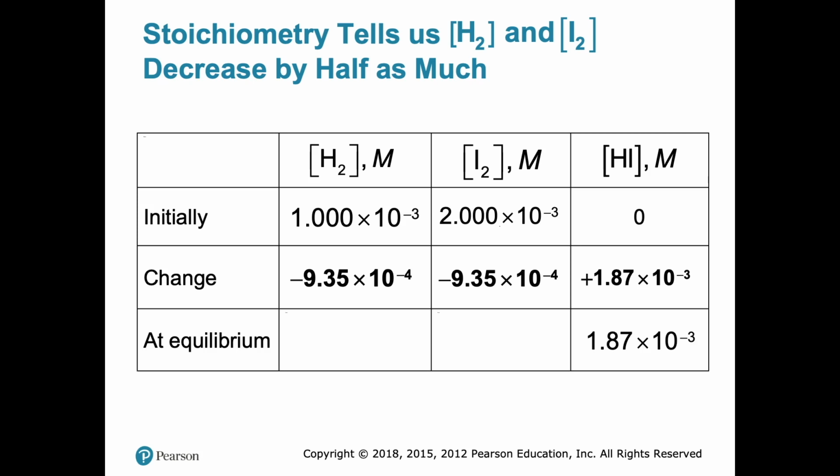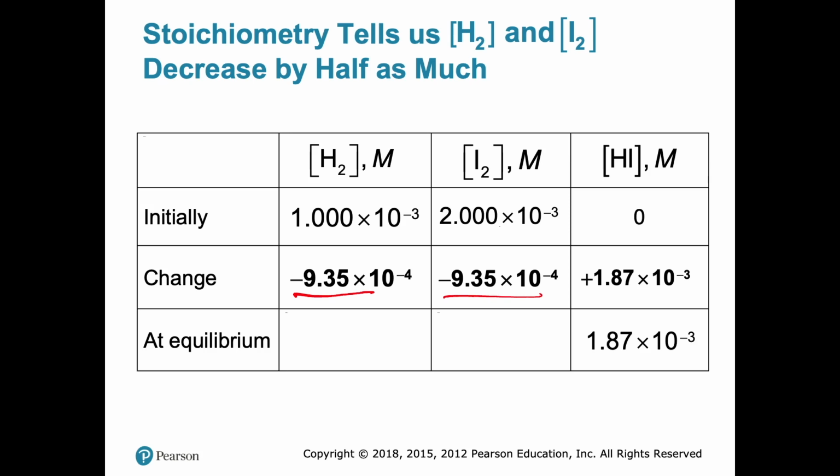So now the question is, how do we figure out what's at equilibrium then? Anyone know? What is the concentration of hydrogen gas and iodine gas at equilibrium? Exactly. That's exactly right. You just subtract this number from that number and this number from that number, because these are the changes.